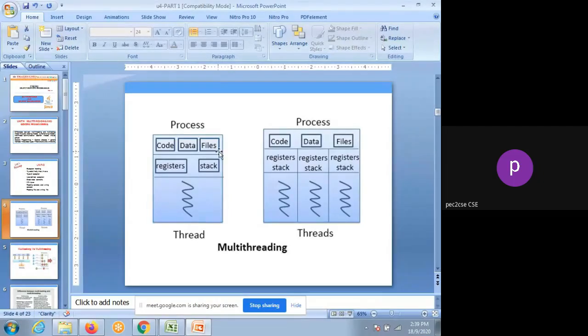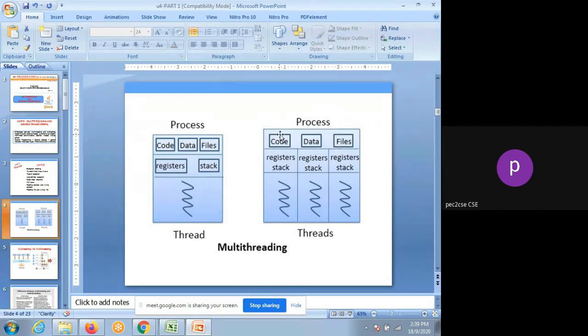Okay. And here you see a process. There is only one process, and each process has its own memory. So here there is one process which has its own memory, code, data files and all. And you see a process contains many threads. All the threads share the common memory.